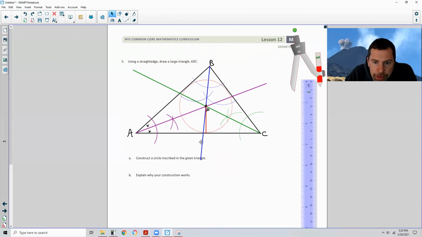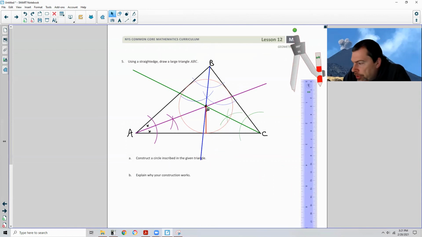All right, so there's the circle. So I wonder if I could just drag this out just a hair to make it touch. A little bit more. And then move it right about there. Okay, so now that's tangent to all three sides. So there's a circle inscribed in a triangle.